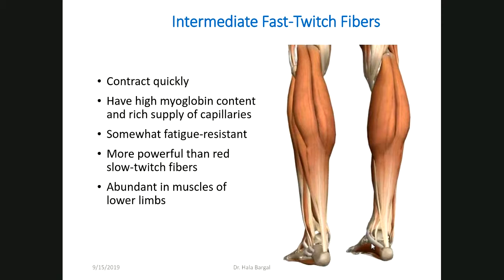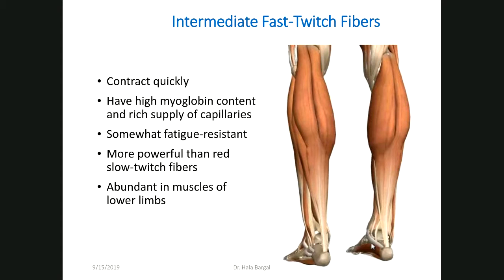In football players, you know that they do excessive exercise for the hamstring muscle to work properly, and for the calf muscle to work properly, to allow them to do their function. So they are fatigue resistant. They are more powerful than red slow twitch fibers.